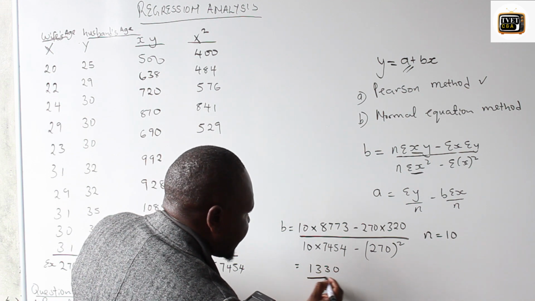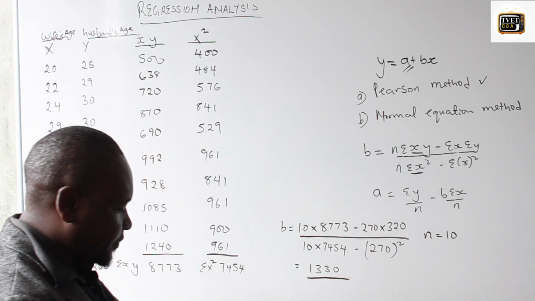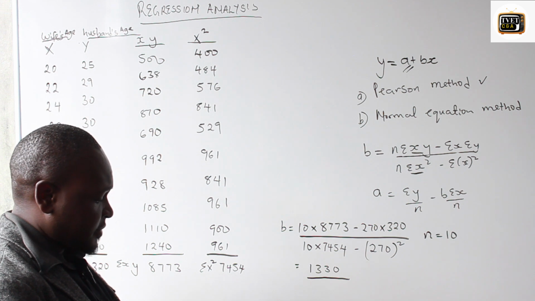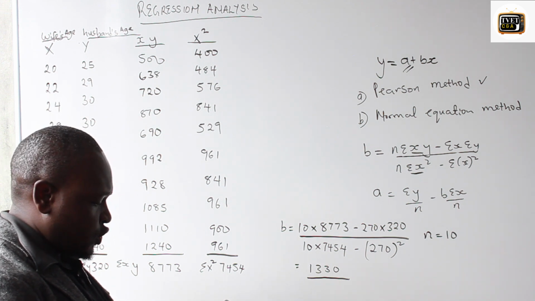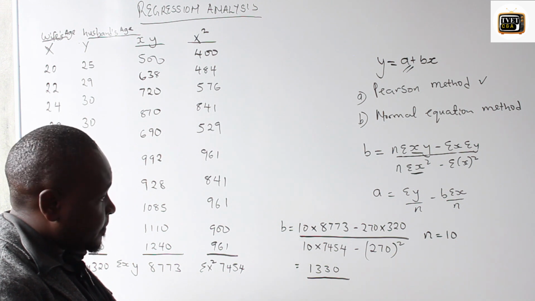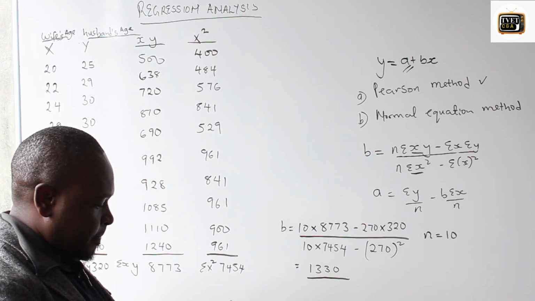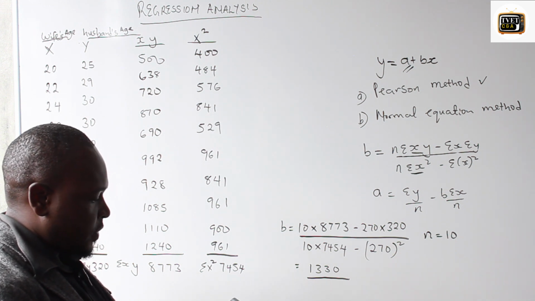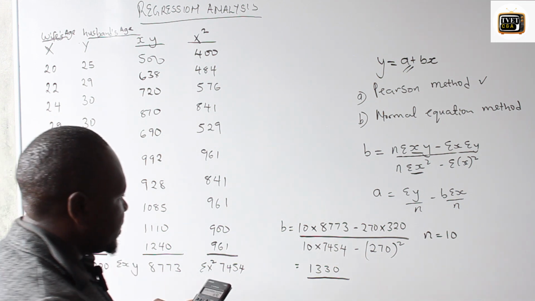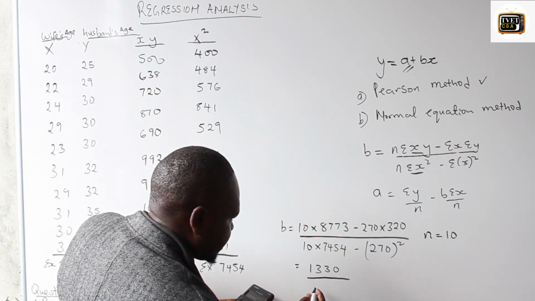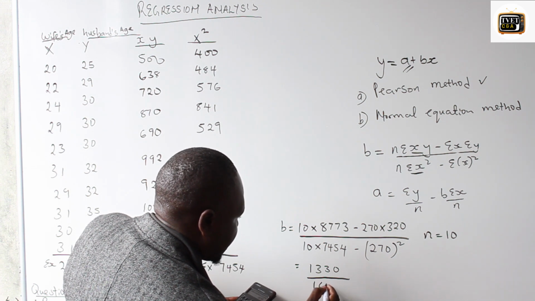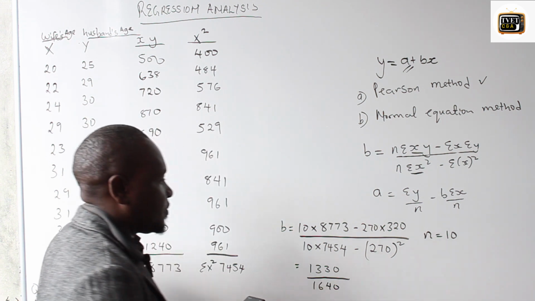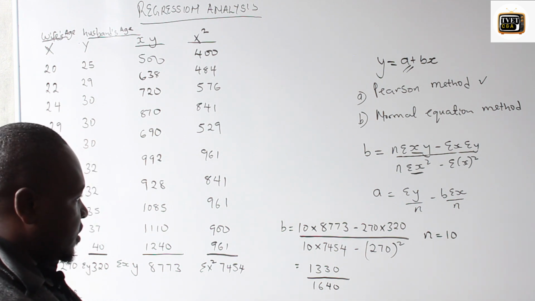On the denominator side, it will be 10 times 7454 minus, in brackets, 270 squared. You'll get 1,640. You can confirm that.